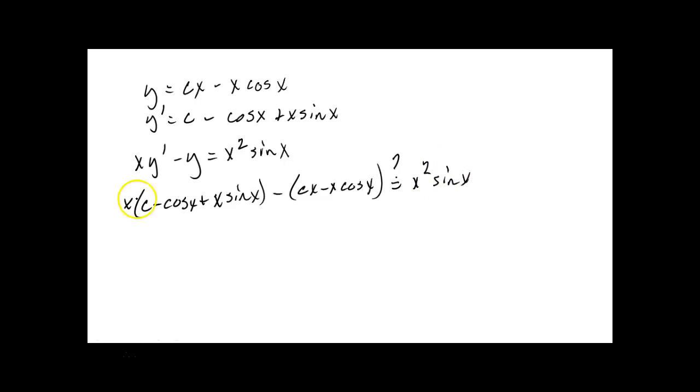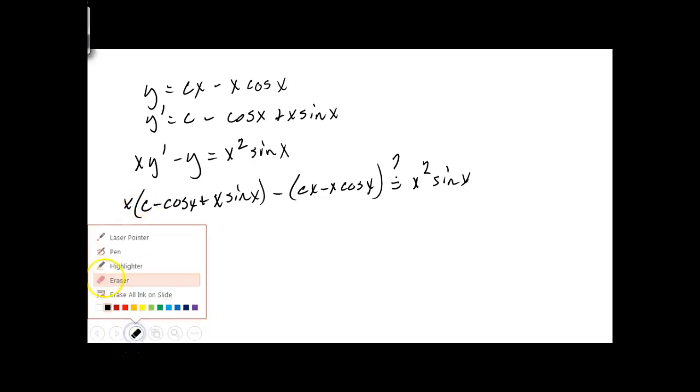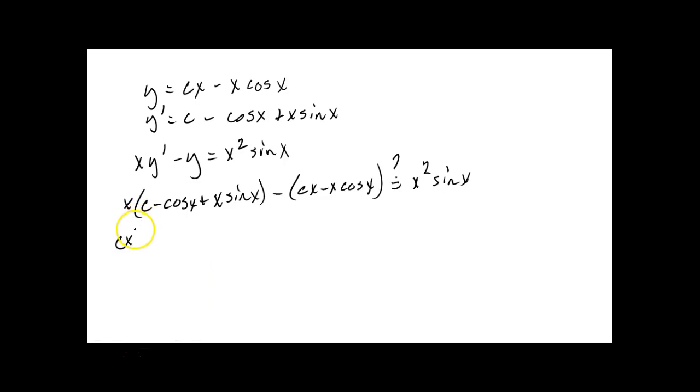Well, if you clear parentheses here, you have xc, or let me write it as cx. That just sounds better. C will be a coefficient. Minus x cosine x, right? You tell me the next part.